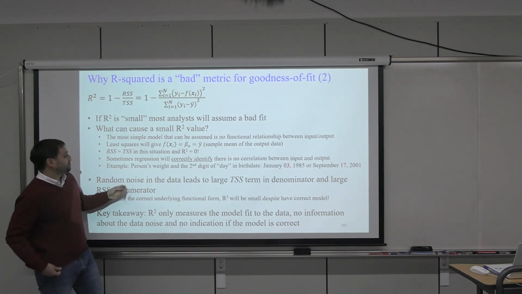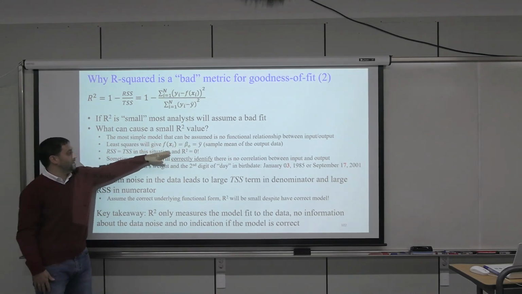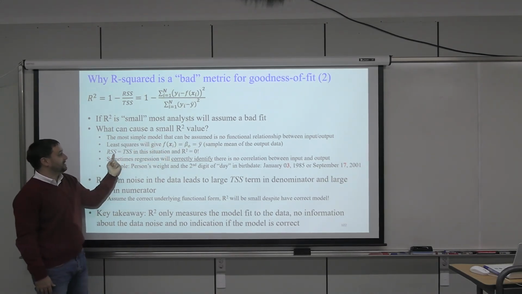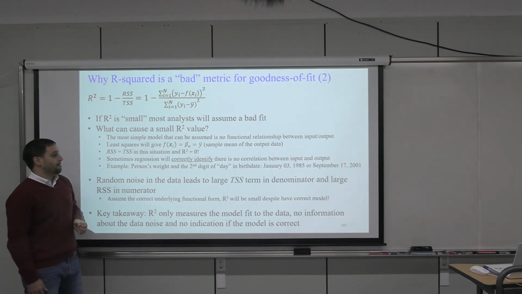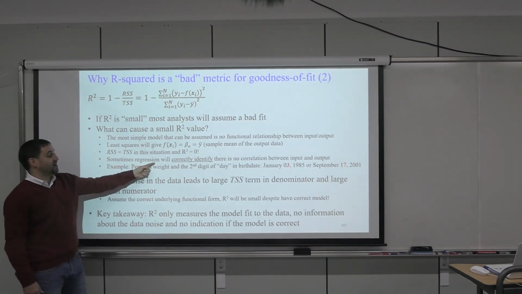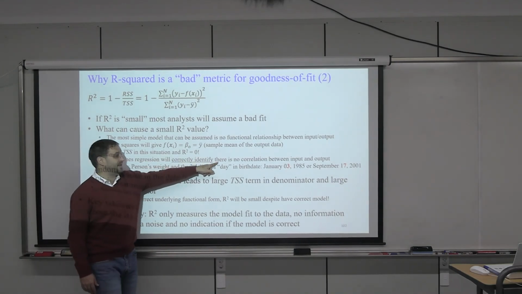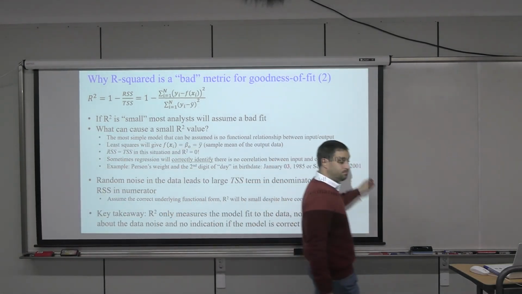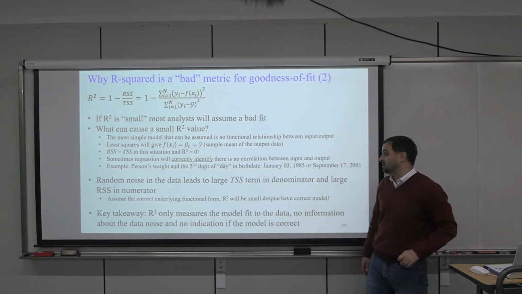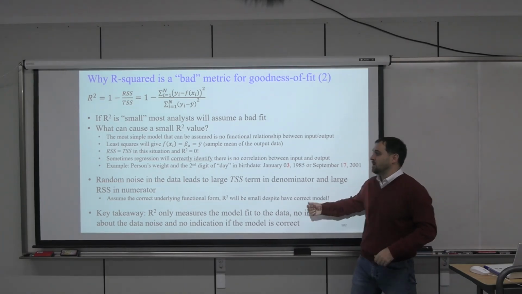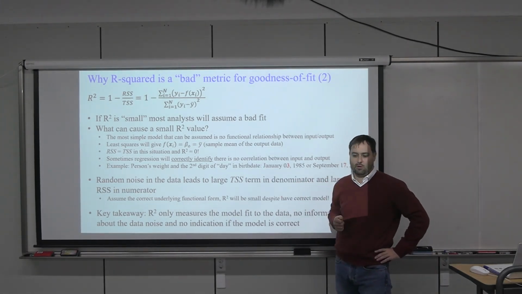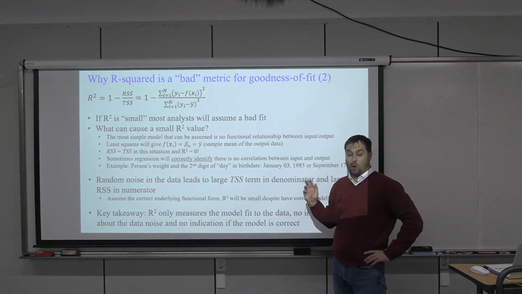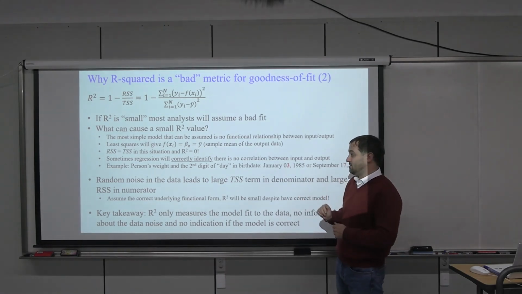And so if the regression actually gives the sample mean, the R-squared is 0. A lot of the times the regression will correctly identify there is no correlation between the input and output, okay? For example, let's say we do a study where we measure the first 100 people that walk by us, we measure their weight and ask them for their birthday.